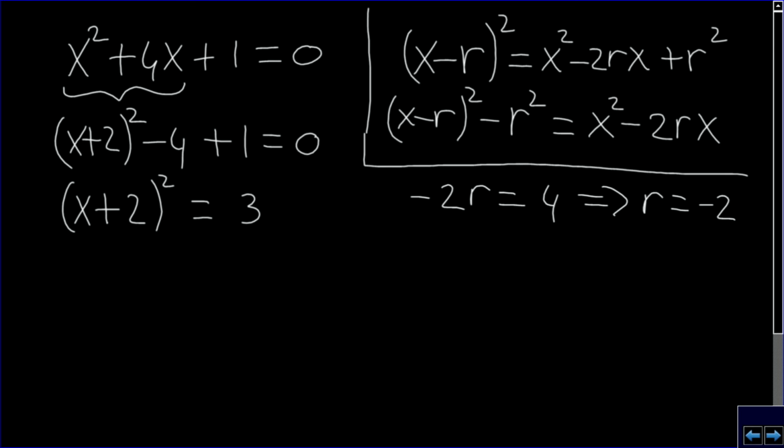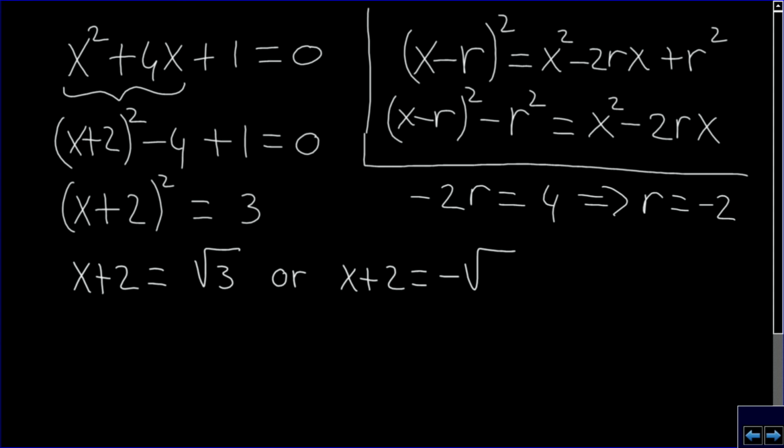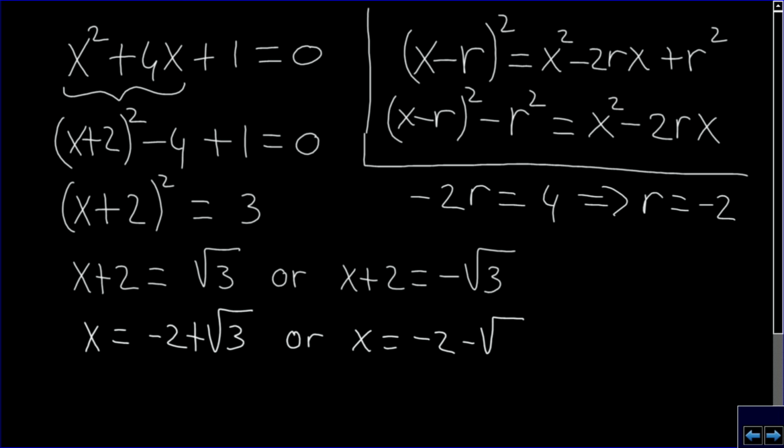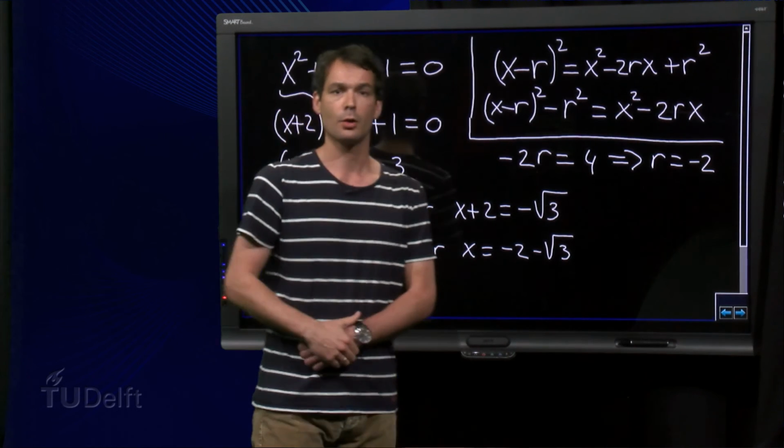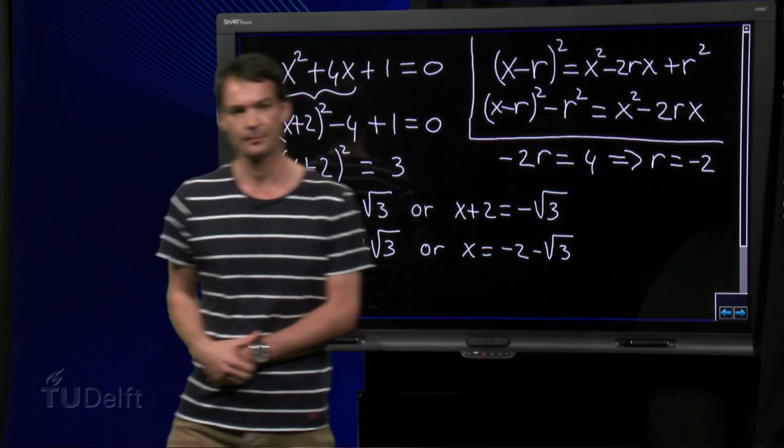And now we solve this. x plus 2 is equal to plus the square root of 3, or x plus 2 is equal to minus the square root of 3. So our solutions are x is equal to minus 2 plus the square root of 3, or x is equal to minus 2 minus the square root of 3. So we found our two solutions.